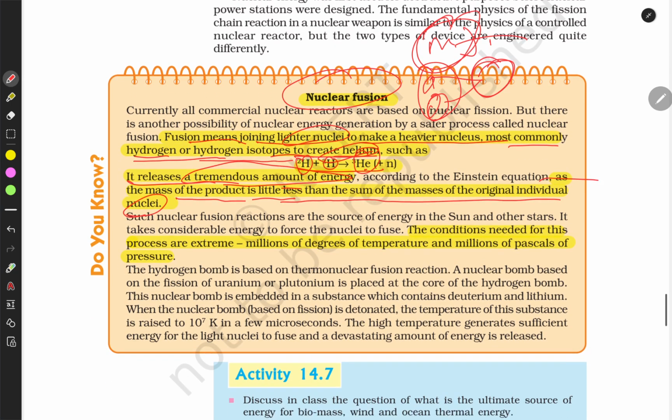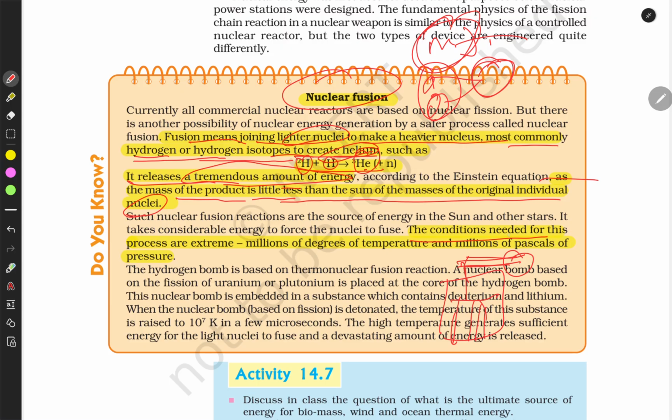So the extra mass converts into energy, and this energy is utilized to boil the water and make steam. This high pressure steam will be used to rotate the turbine blade.